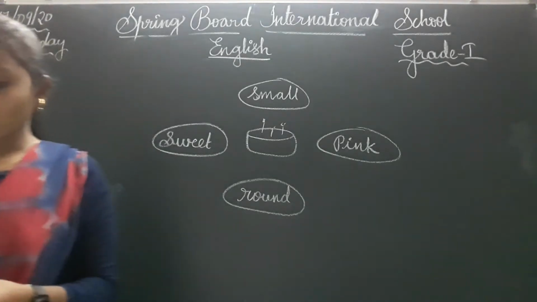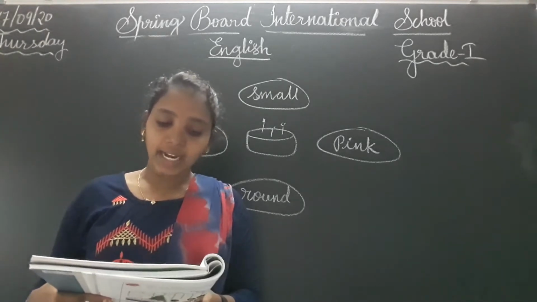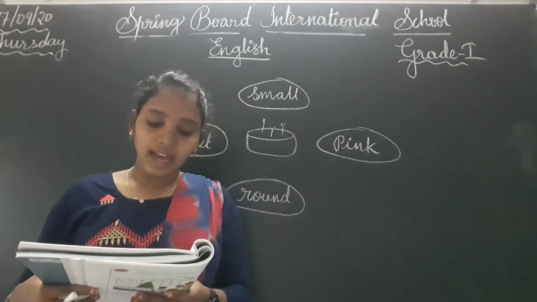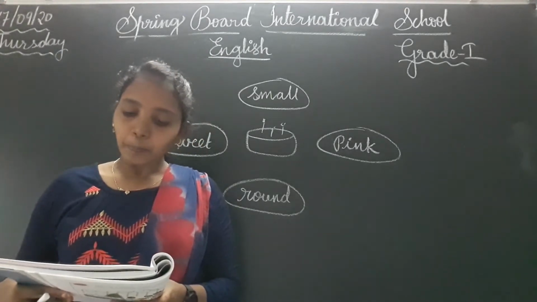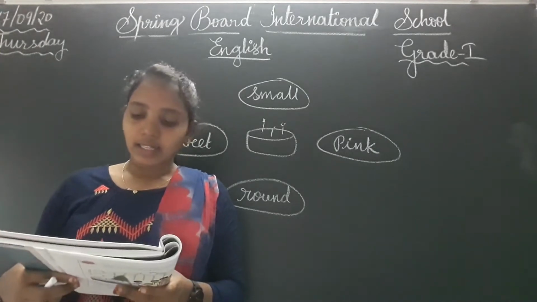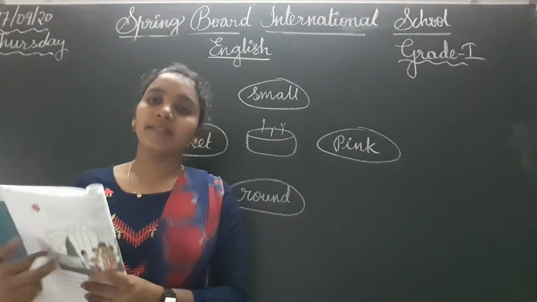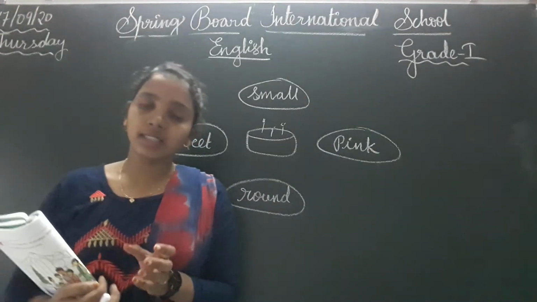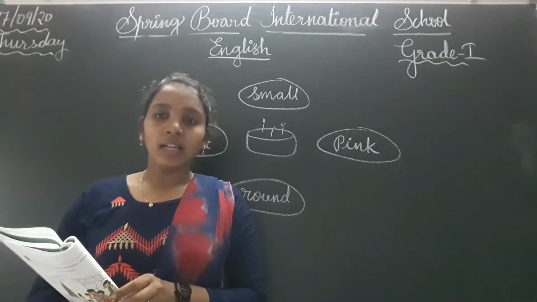After that, see children, words such as round, red, small, large and so on describe a noun, object, person, place or a thing. They are called describing words or adjectives. Noun means what?